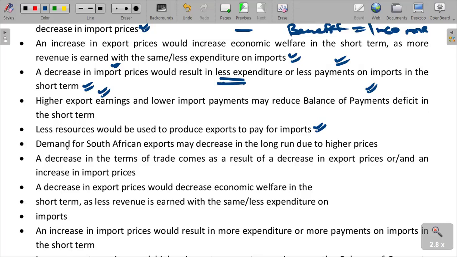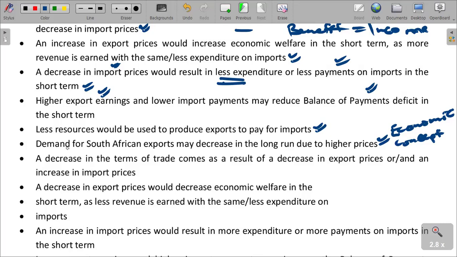Demand for South African exports may decrease in the long run due to higher prices. This is an economic concept that we need to understand: a constant increase in demand may result in a decrease in the sale of a product, because the price will also increase as a result of an increase in demand.